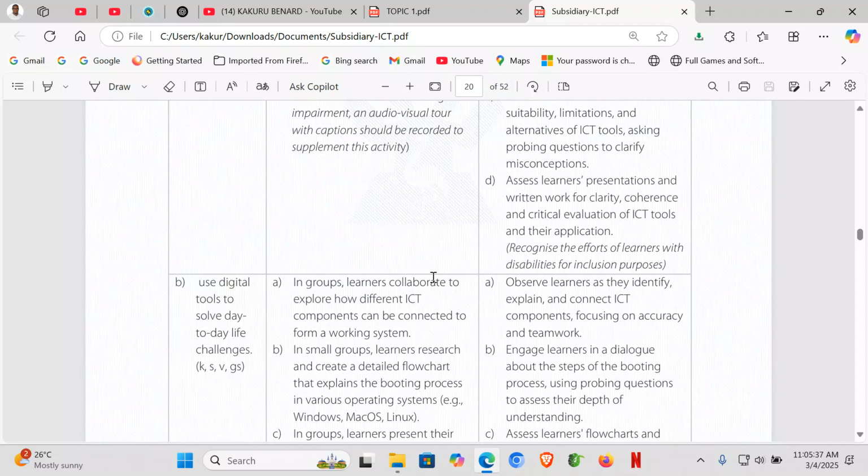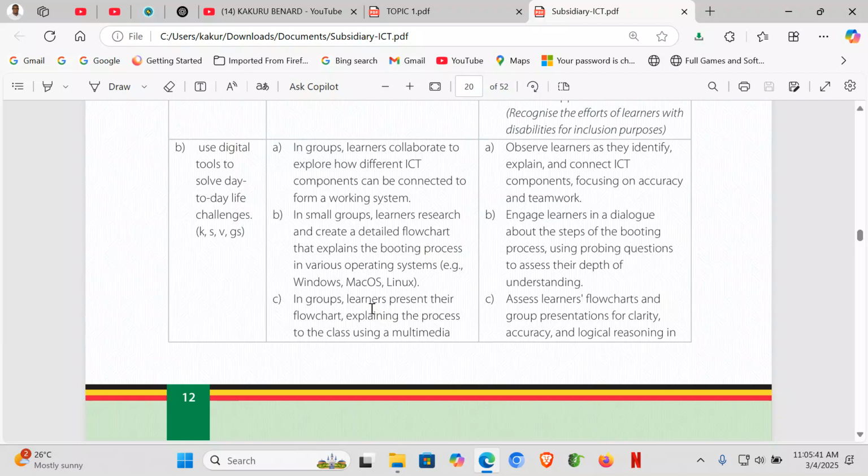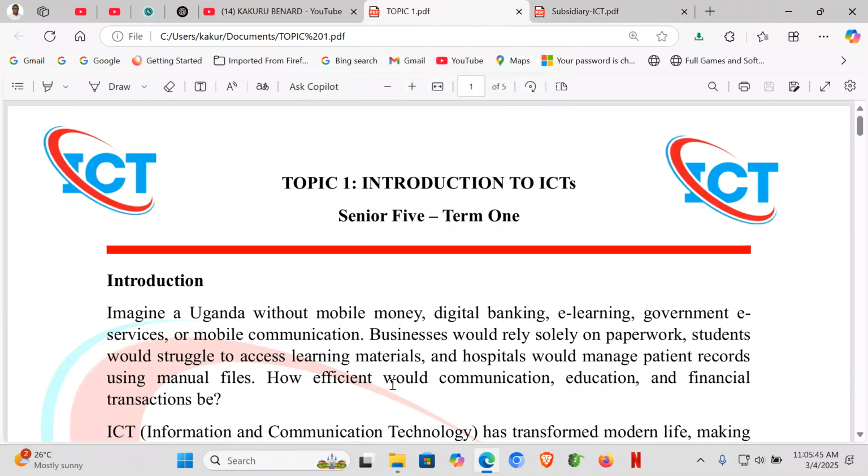From this topic and its learning outcomes and the assessment strategies, I've decided to develop a draft of the content of what can be done when dealing with Introduction to ICTs for Senior 5 Term 1.